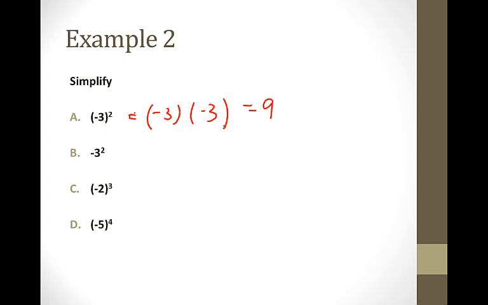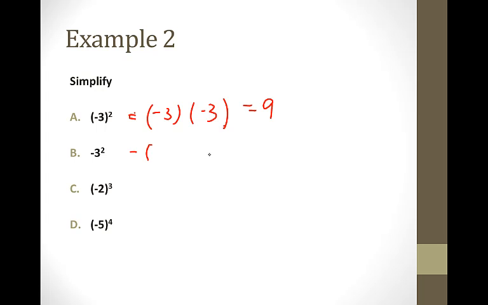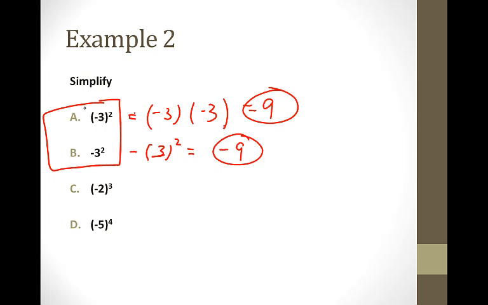But when we have it written this way on part B, 3 squared with a negative there, this implies the negative of 3 squared. So 3 squared is 9, so we're going to have a negative 9. So make sure you see the difference between A and B.